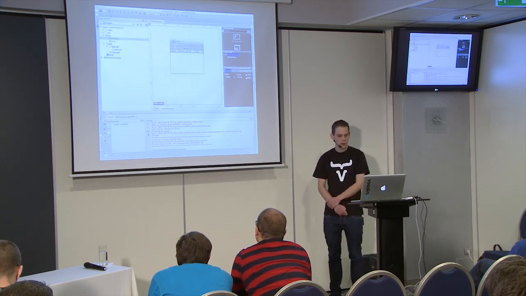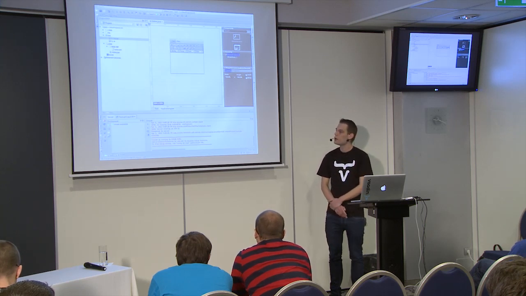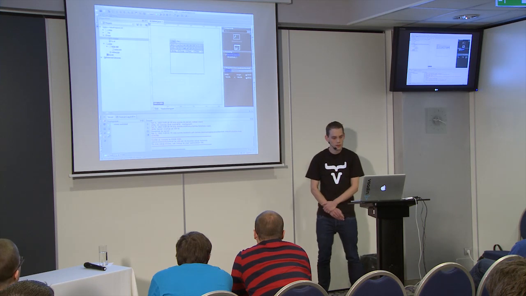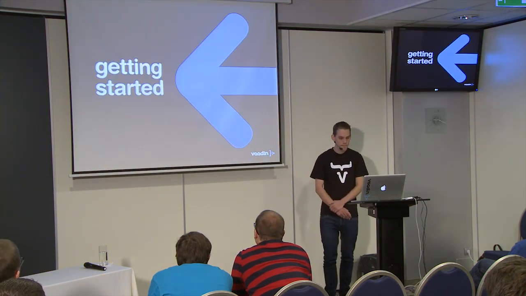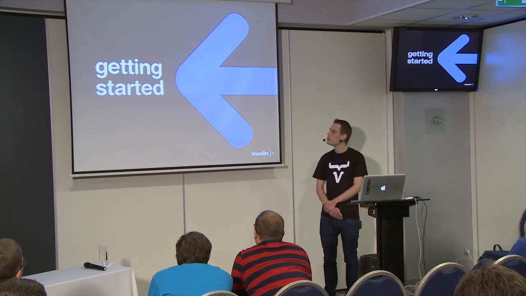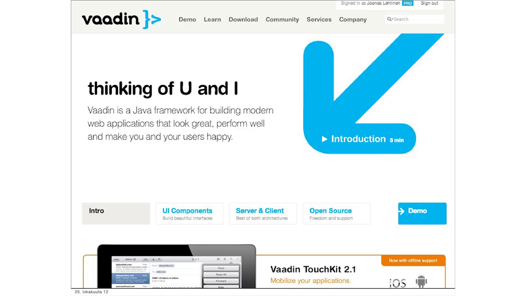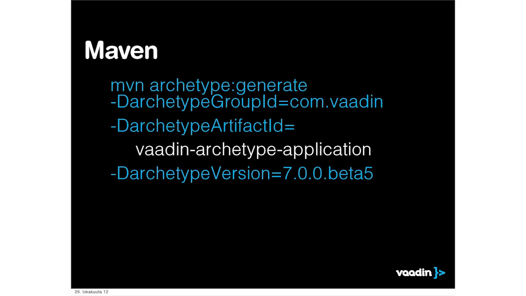And how, okay, so let's say that you want to build an application with Vaadin, so how to get started? You can download Vaadin from our website, of course. There is the download section, or you can use Maven.